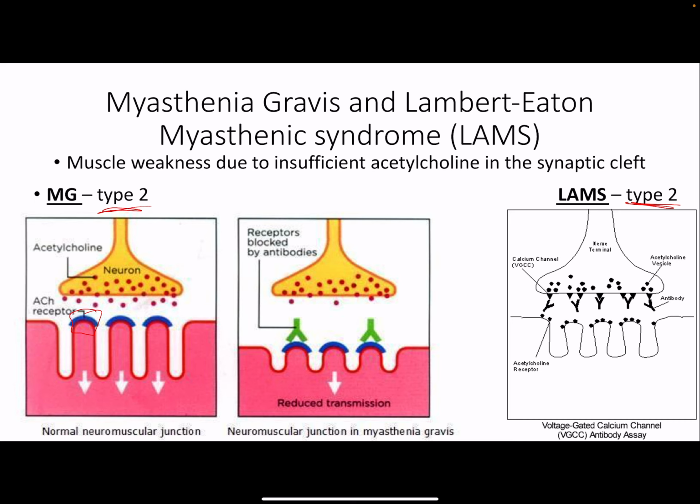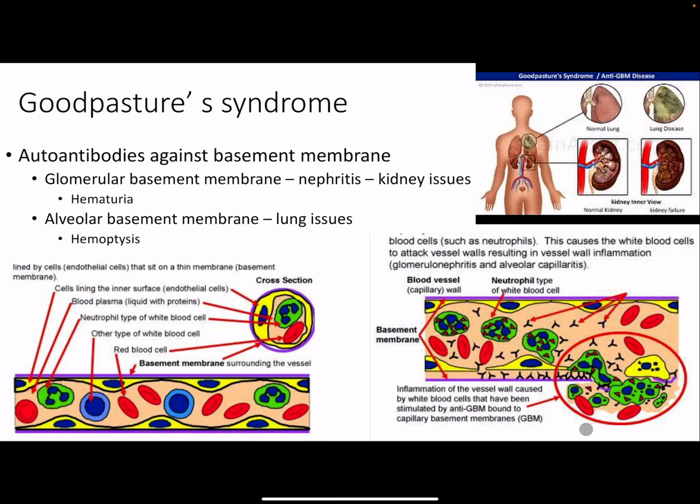On the other hand, I could have an antibody on the presynaptic calcium channel. Remember, calcium has to flood into the nerve terminal to cause exocytosis of the vesicles with the neurotransmitters to get acetylcholine into the gap. So this makes it harder to release acetylcholine. It's going to cause a pretty similar clinical presentation of muscle weakness.